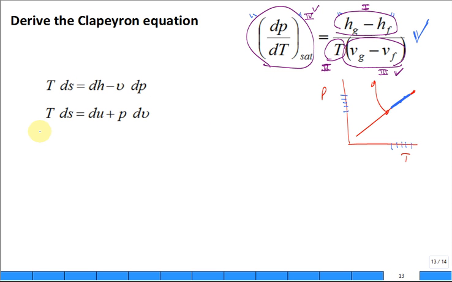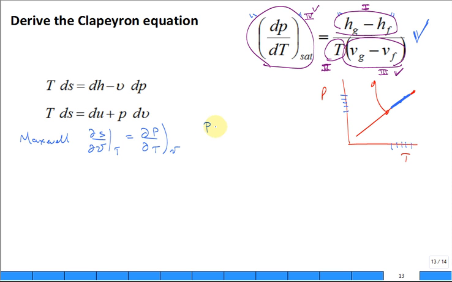So we bring across one of the Maxwell relationships: the partial of s with respect to v holding temperature constant equals the partial of P with respect to T holding volume constant.